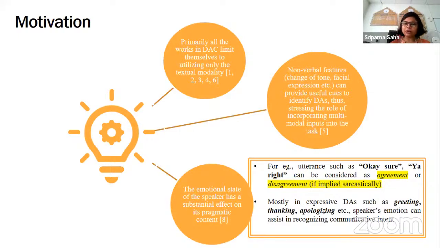Okay, so here also we will show that when you have to identify the appropriate category of the utterance, if we have the speech signal, if we also see the user's facial expressions, or the tone of the user, apart from the textual representation of the utterance, then we can correctly predict the appropriate dialogue act.